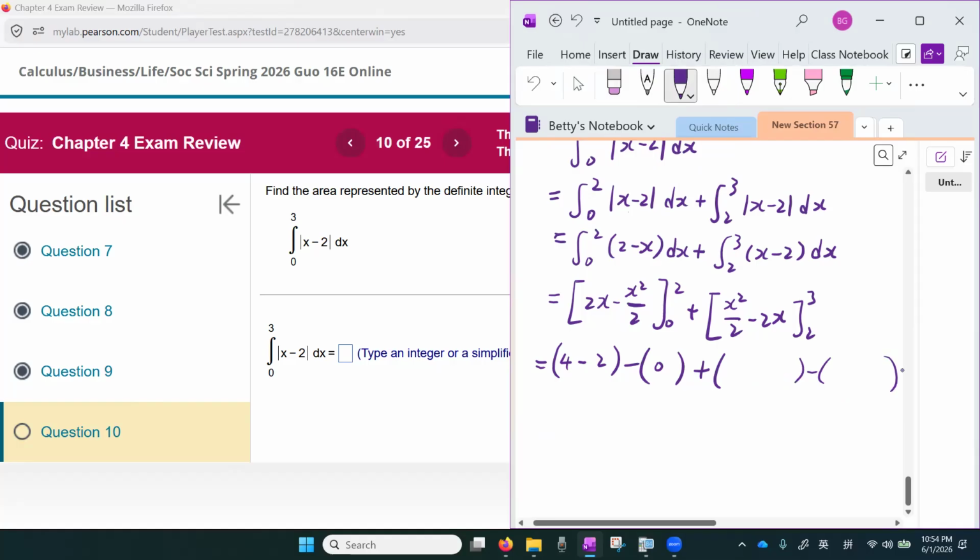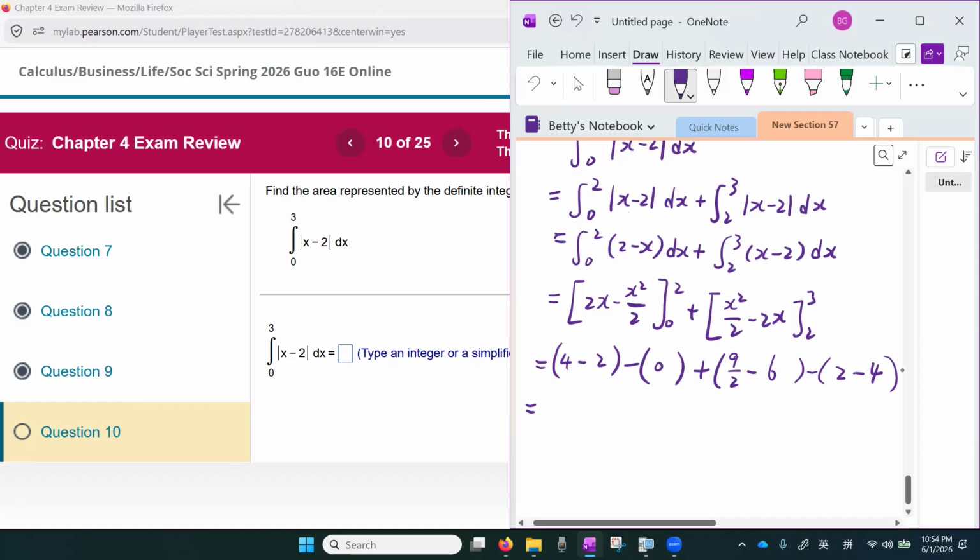Plugging 3, we have 3 squared is 9. 9 over 2 minus 6. And plug in 2, we have 2 minus 4.